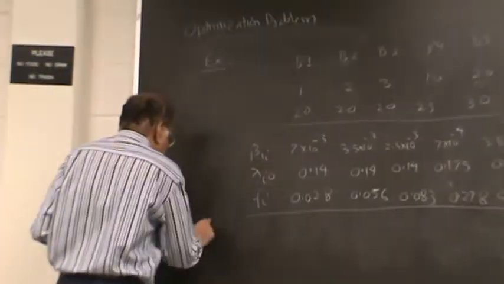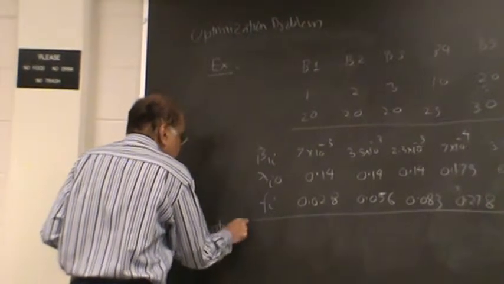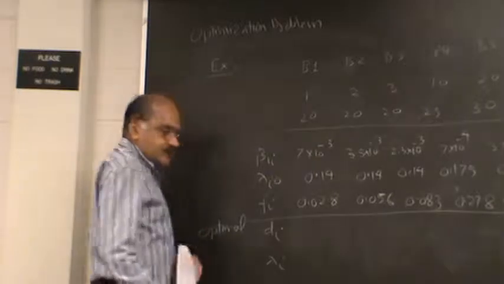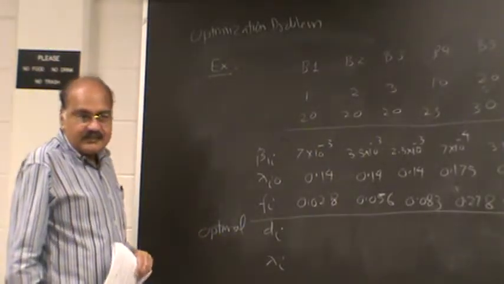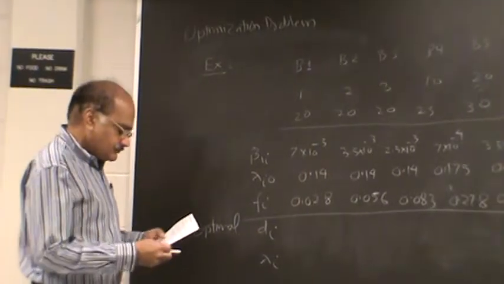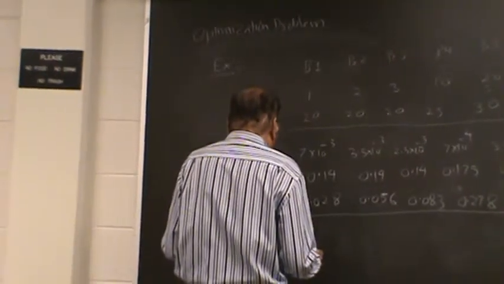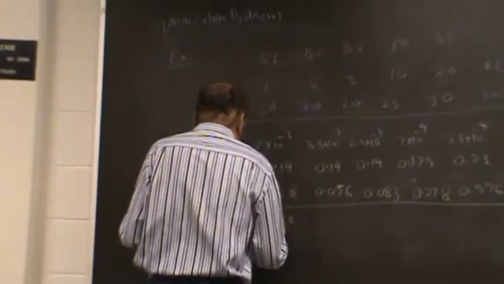So here are the optimal values: optimal testing time and optimal failure intensity after you are done with testing. Let me round the numbers.